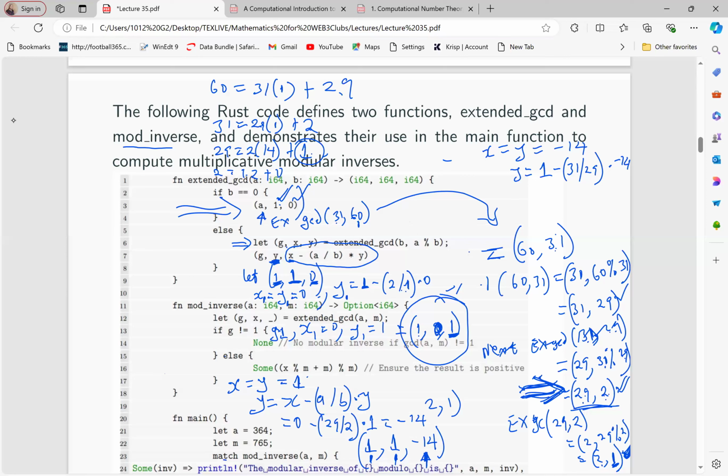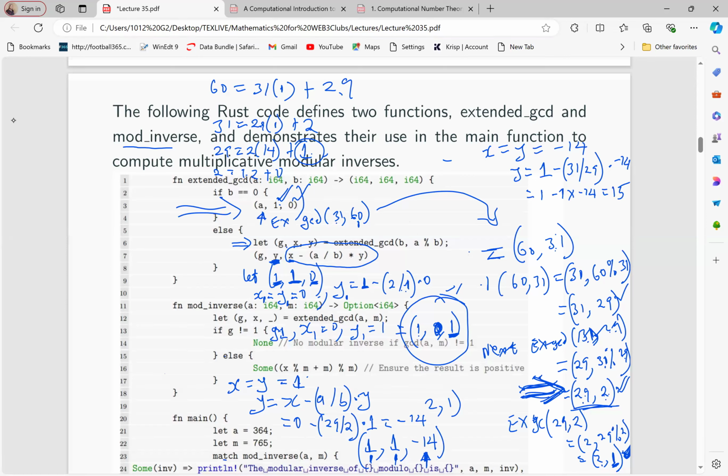So what does this give us? 31 divided by 29 is 1. So that 1, there's a negative here, will be negative 1 multiplied by negative 14, which will be 14 plus 1, that gives us 15.